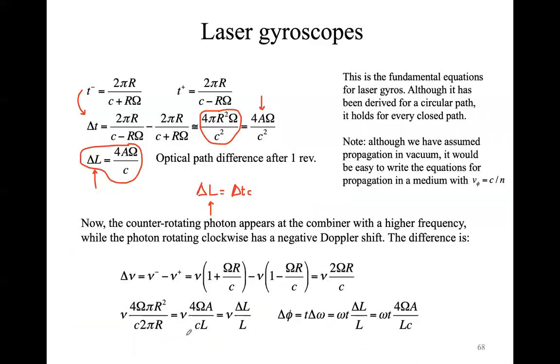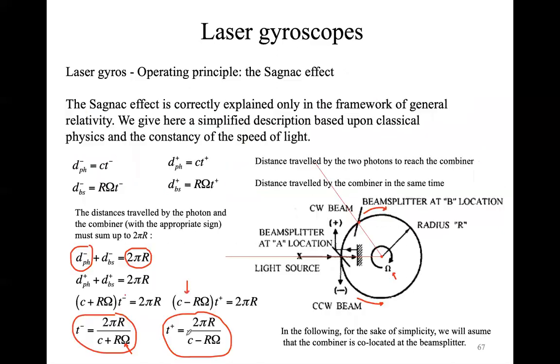So our purpose is indeed to determine the delta frequency for ring laser gyroscopes. So our goal, for the ring laser gyroscope, what is usually done is measuring the delta frequency between the two beams that are moving on the contour path of the ring.